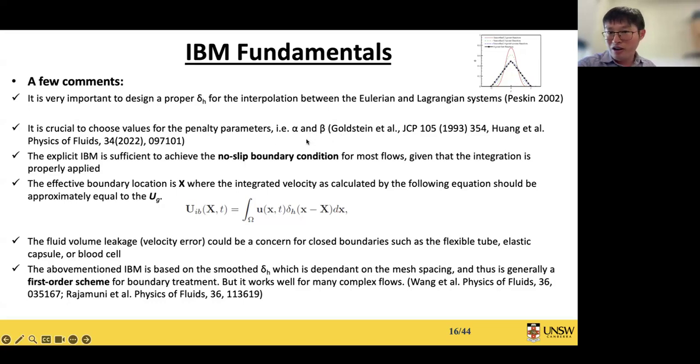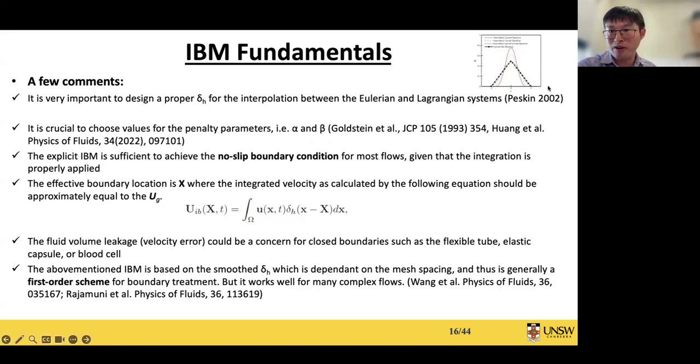My best student, Qiu Xiang, did a very good job in this paper, discussing how to design alpha and beta. And also in this paper, Goldstein's 1993 paper, they also have a very careful discussion here. Okay, and explicit immersed boundary method is sufficient to achieve the no slip boundary condition for most flows.